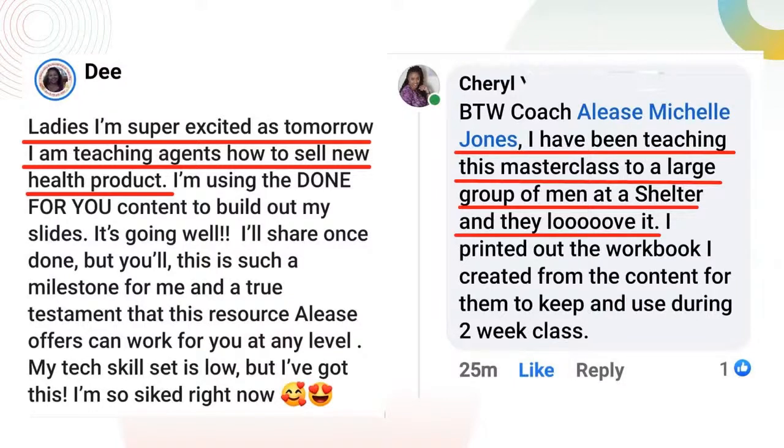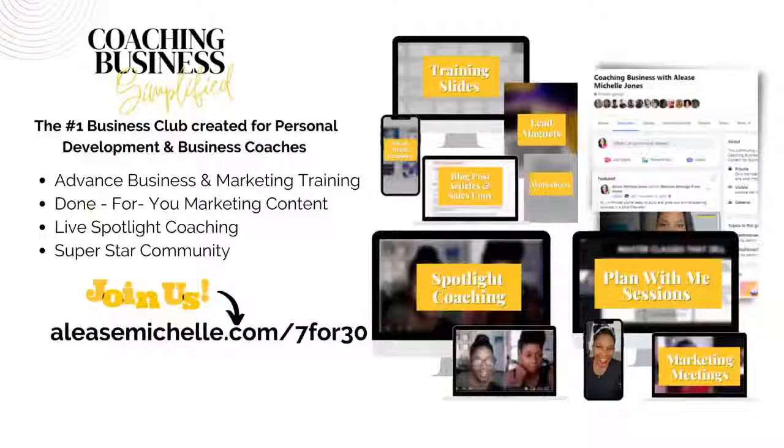Going through it, they were able to put together their group coaching programs. D helped her health agents market their business, and Cheryl helped men inside of shelters. They absolutely loved it, and they were able to do that because they were members of the Coaching Business Simplified.